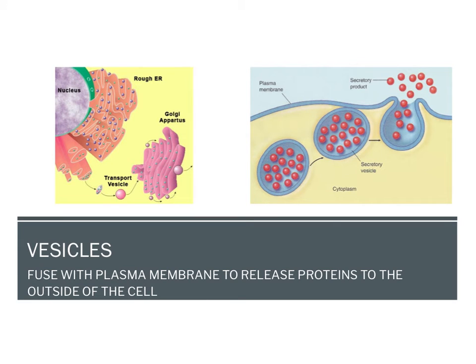Vesicles can fuse with the plasma membrane, and they release proteins to the environment outside of the cell. This is how we produce proteins or carbs that need to be used elsewhere. You can think of the vesicle like a transportation system. Something might get made in the Golgi, and it's eventually going to make it outside of the cell and into the external environment.